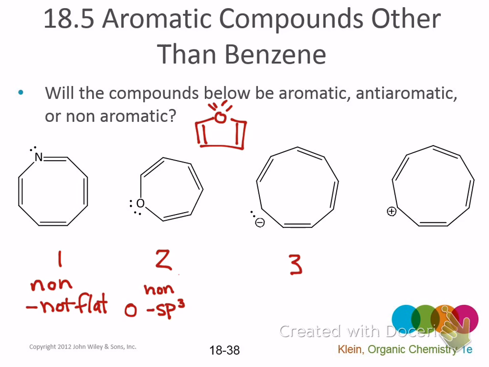Because when this pair gets involved in resonance, right, it has this odd number, so that one's aromatic. So this is an example of what it would be if it was aromatic. This one's anti-aromatic or non-aromatic. Because if it includes it, it's anti-aromatic. If it doesn't, it's sp3 hybridized, so it doesn't conjugate that oxygen.